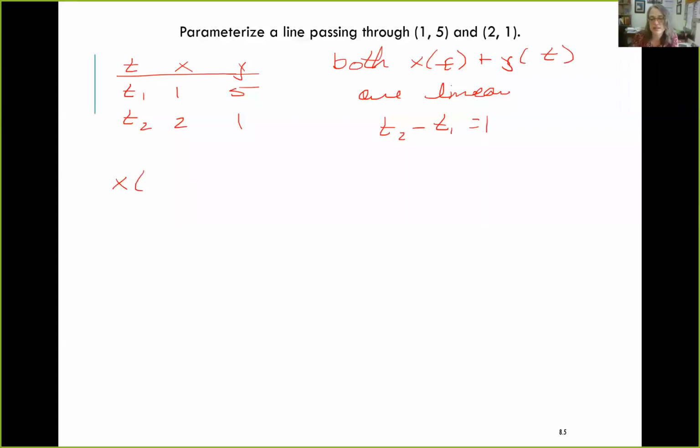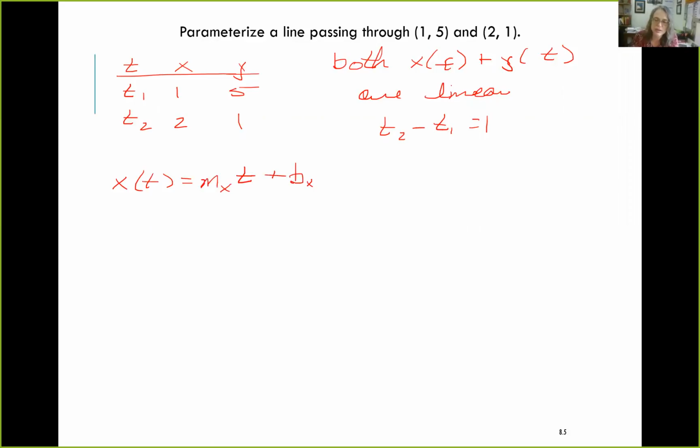So x of t is going to equal some slope times t plus some y-intercept. We can actually pick this y-intercept. We've got a lot of freedom when we're doing this. So I'm going to say that if t is 0, and we're just going to leave that alone for a minute.